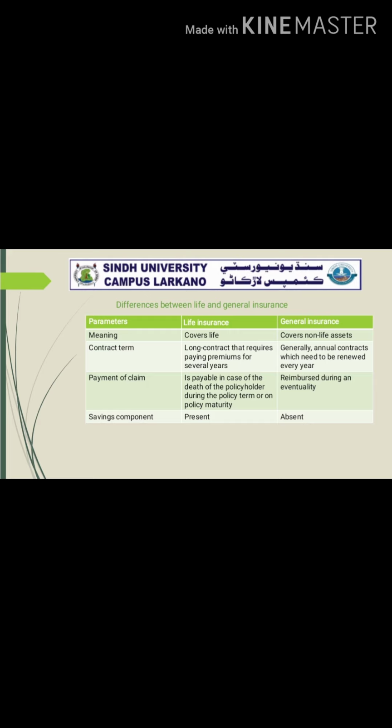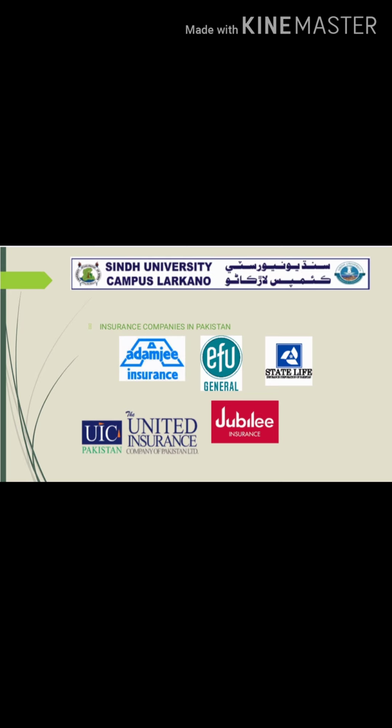The fourth point is the savings component. In life insurance, the savings component is present, whereas in general insurance it is absent. These are the top insurance companies working in Pakistan, and they are offering general insurance as well as life insurance.